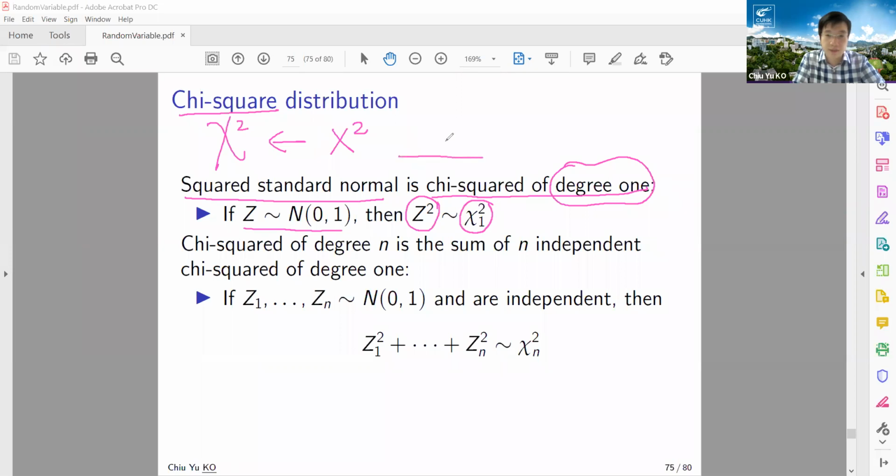What it means is, on a bell curve, you pick some number, it is standard normal with mean 0 and sigma 1, and you take its square. What you have is called chi-square with degree of freedom 1.